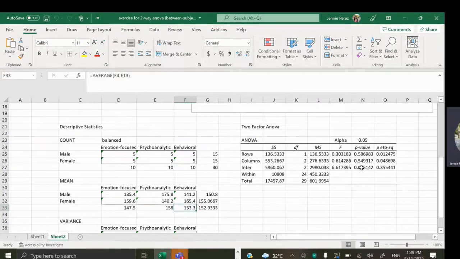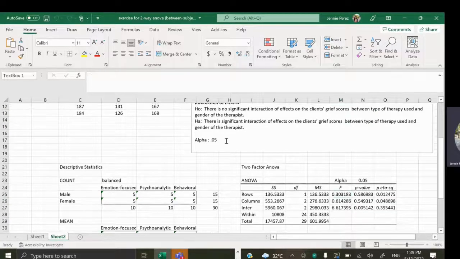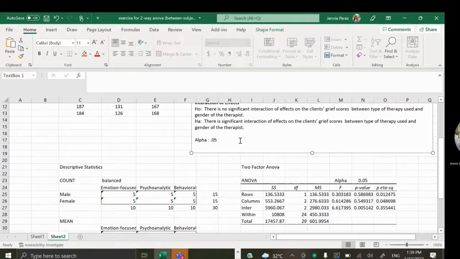And after ANOVA, we see here our decision rule again: to reject H0, the p-value should be less than 0.05.